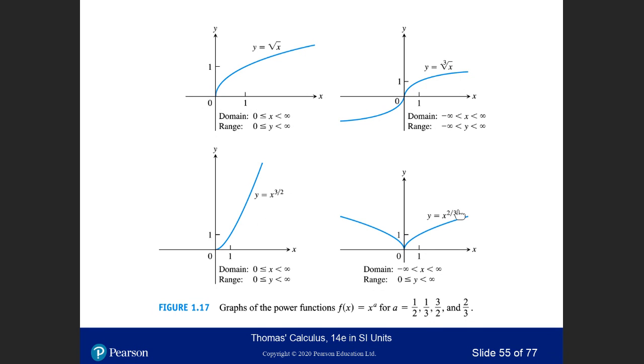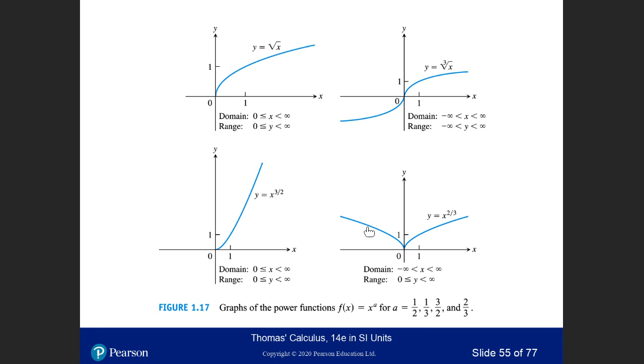Now when you look at y is equal to x to the power of 2 over 3, this is defined for all real numbers. And as you can see, this is symmetric about the y-axis. That's an even function. For instance, if x equals 8, then y is equal to 4.